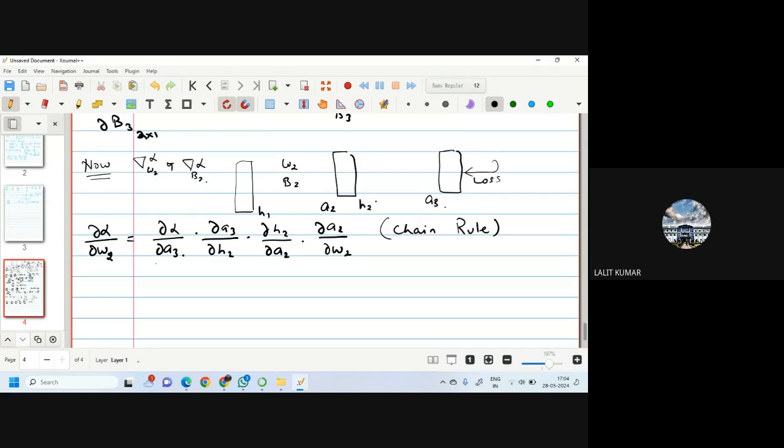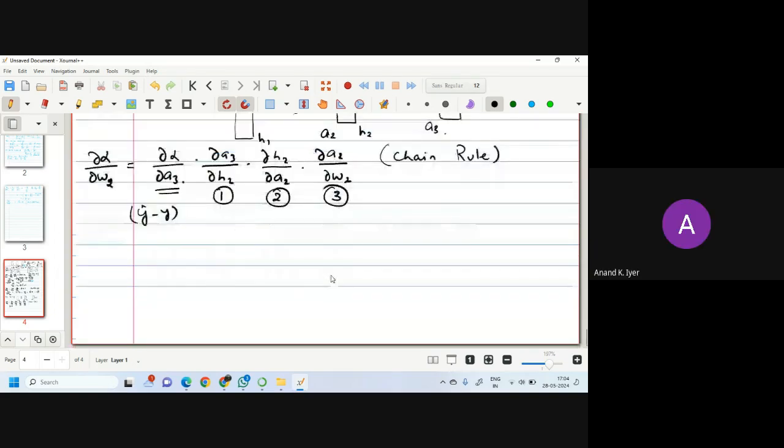So we have found again this, y hat minus y. Now we have got del L by del A3. This we have found, and this we have to find. So del A3 by del H2: A3 is nothing but W3 transpose into H2 plus B3.